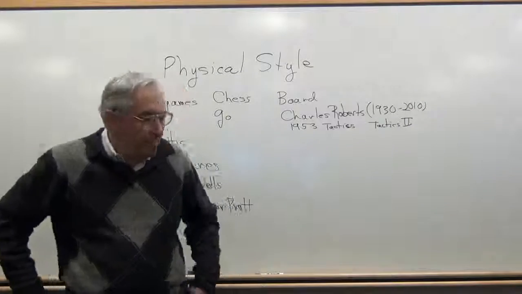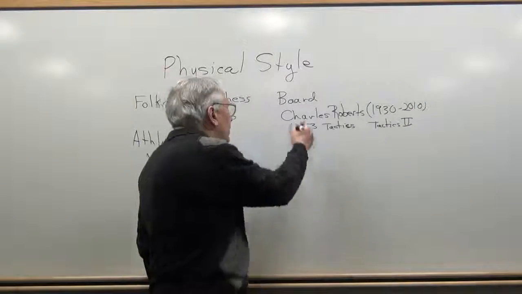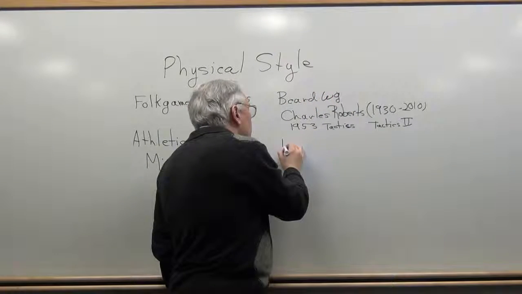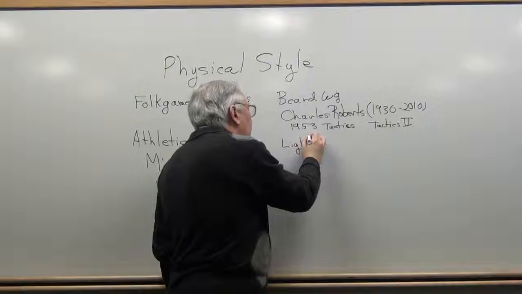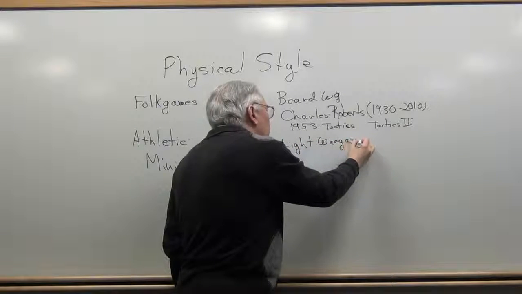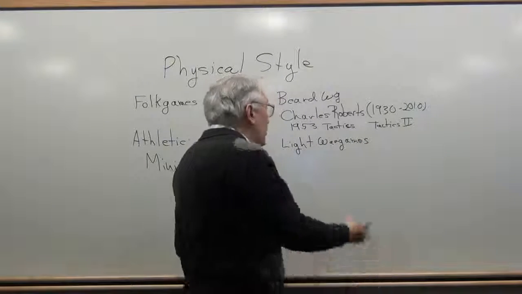That's Roberts. Sort of at the same time as Roberts, who gave us board war games, you also have light war games, which are board games, but where the rules are vastly simpler than they are of real war games.